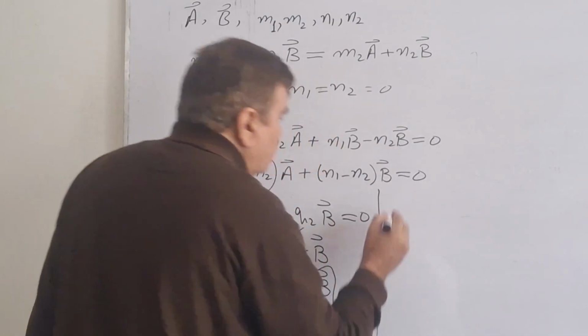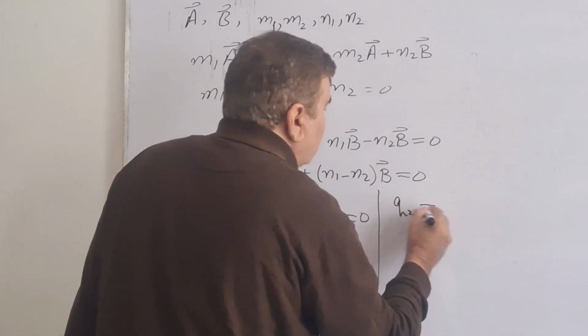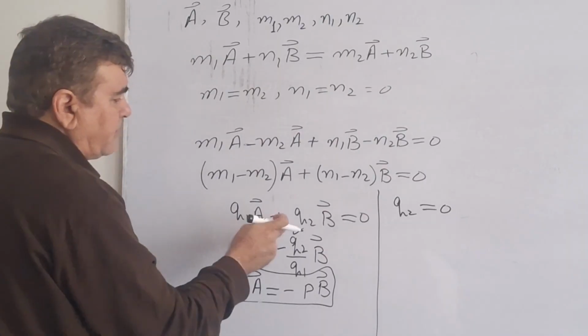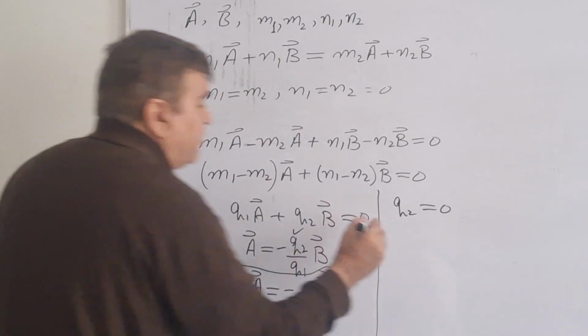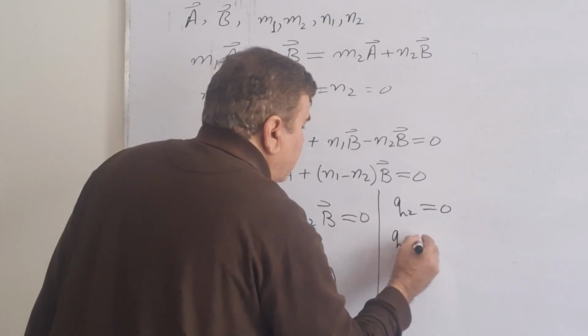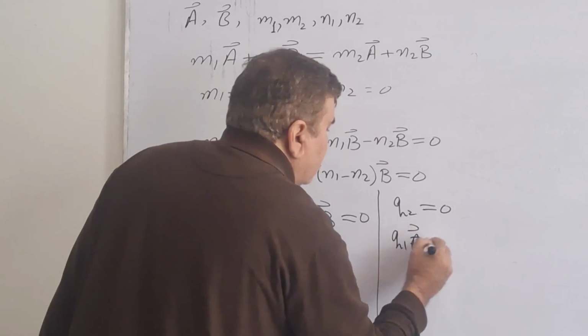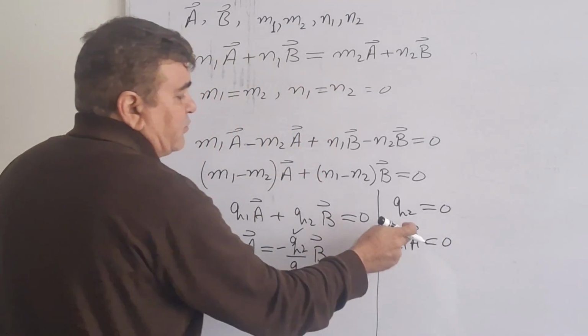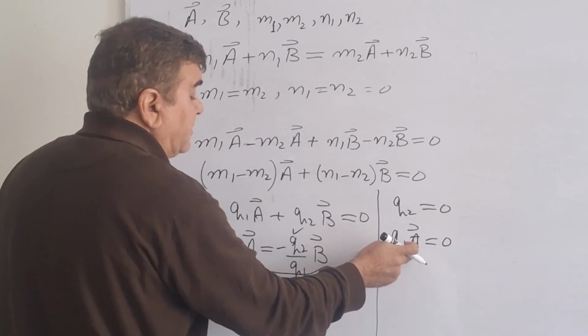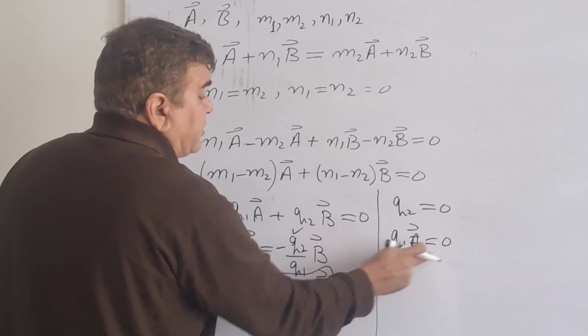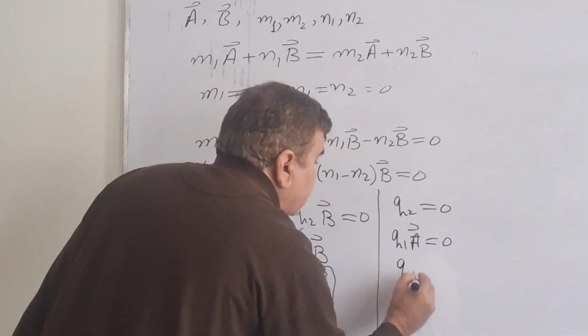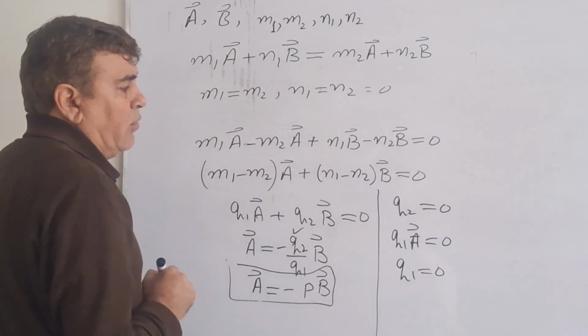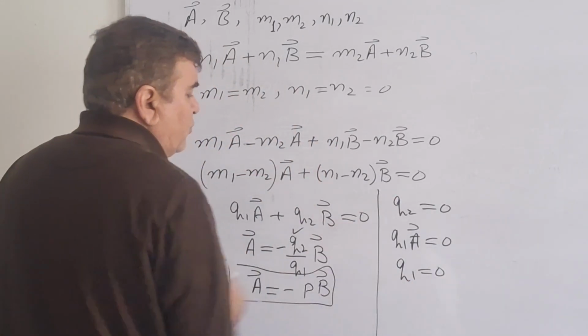So if I set q2 equals 0 in this one equation, that means we write q1 times vector a equals 0. And since vector a is not a null vector, therefore this equation tells that q1 equals 0. Now q2 equals 0, q1 equals 0.